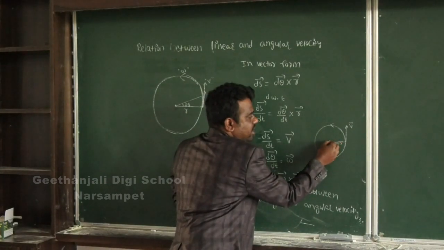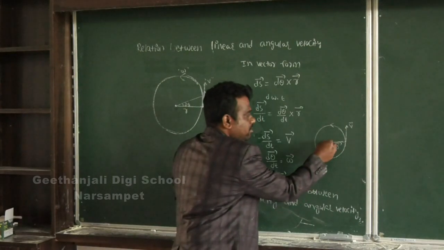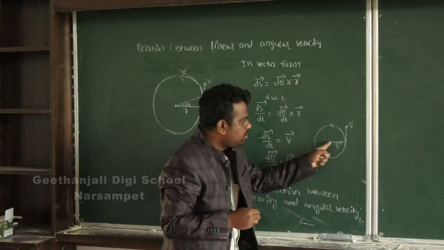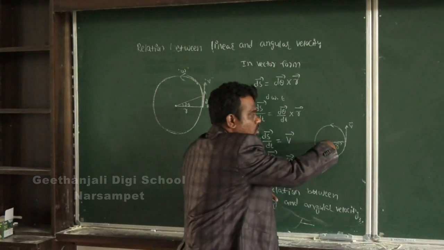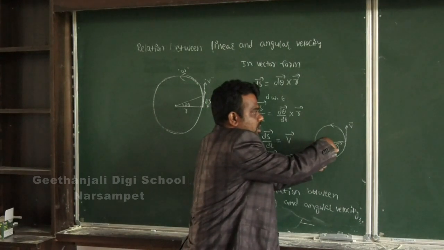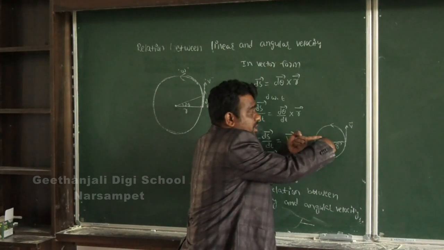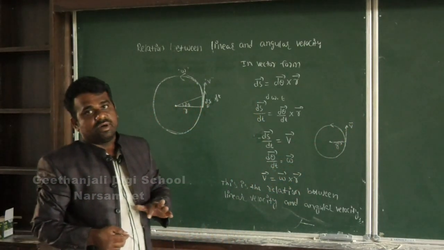So the direction of angular velocity omega will be perpendicular to the plane of the board, coming out. So omega is perpendicular to r, and omega is also perpendicular to v, which means all are perpendicular to one another.